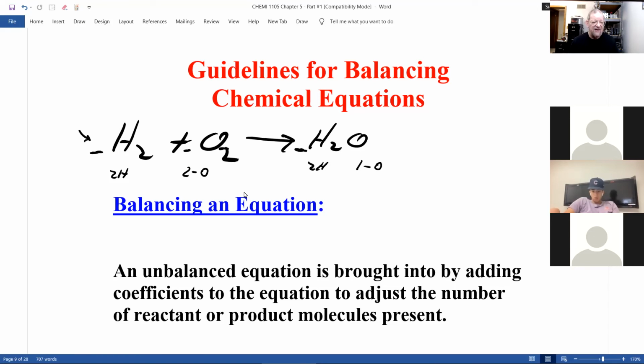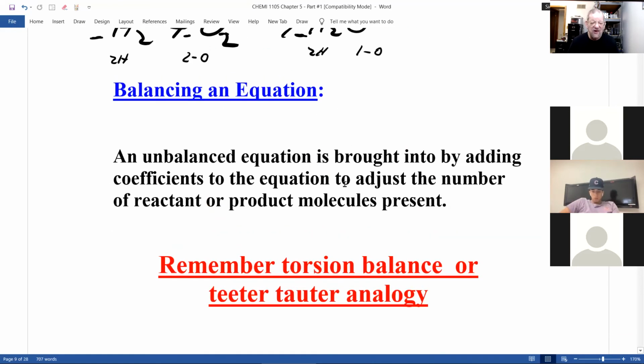Right here, when you don't see a number, the number in front, called the coefficient, and I'll never ask what a coefficient is on a test, but I will talk about it in class, the number is 1. One hydrogen reacts with one oxygen to make one water molecule. Well, this isn't balanced, and you change the coefficient to just the number of reactant or product molecules present.